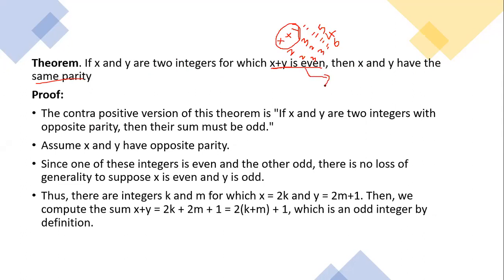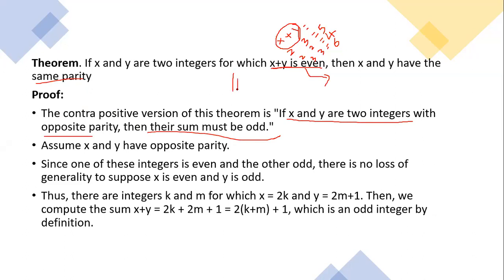Okay, how can I take this in a contrapositive manner? I can take: if x and y are two integers with opposite parity, then the sum must be odd. Is it possible? Both statements are equal, right?